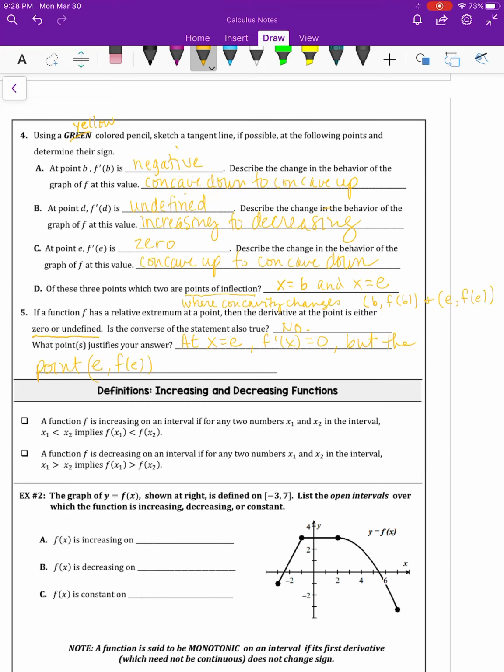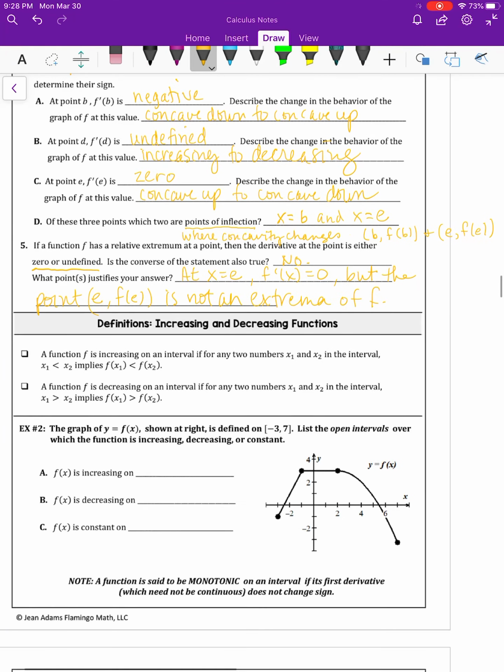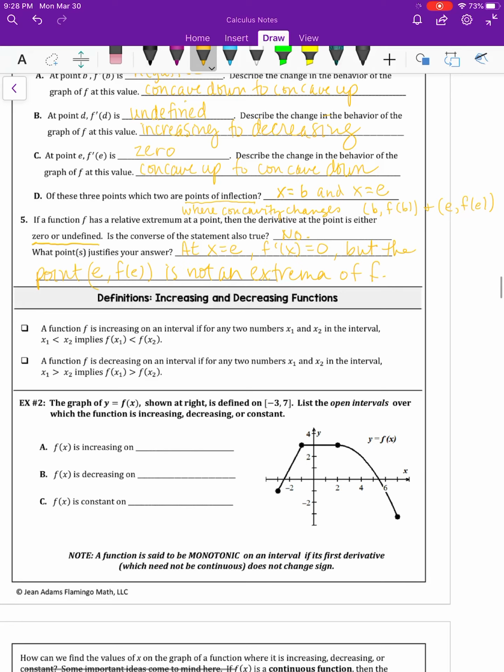But the point E comma f of E is not an extrema of f. Okay, so that is the one that explains that, or that proves that the converse is not true.